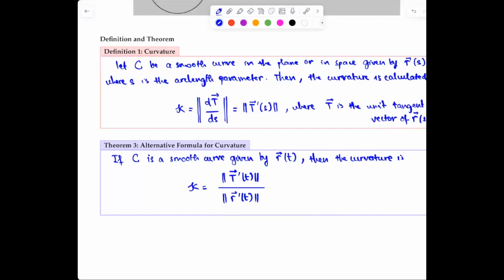The change in the... it sounds like the derivative of T. Oh, because to calculate capital T, the unit tangent vector, you need to take the derivative of the vector valued function to get to capital T. Now you take another derivative.